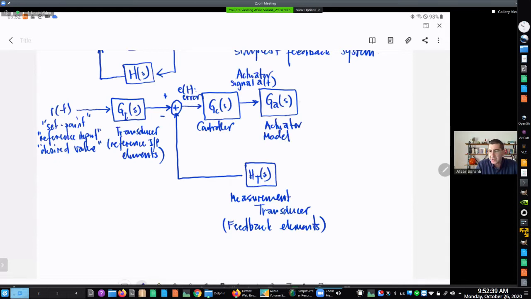And the output of this is U of t, that we call the input. Input to what? Input to the plant. Okay, so finally we have GP of S. This we call the plant model or the process model, right?